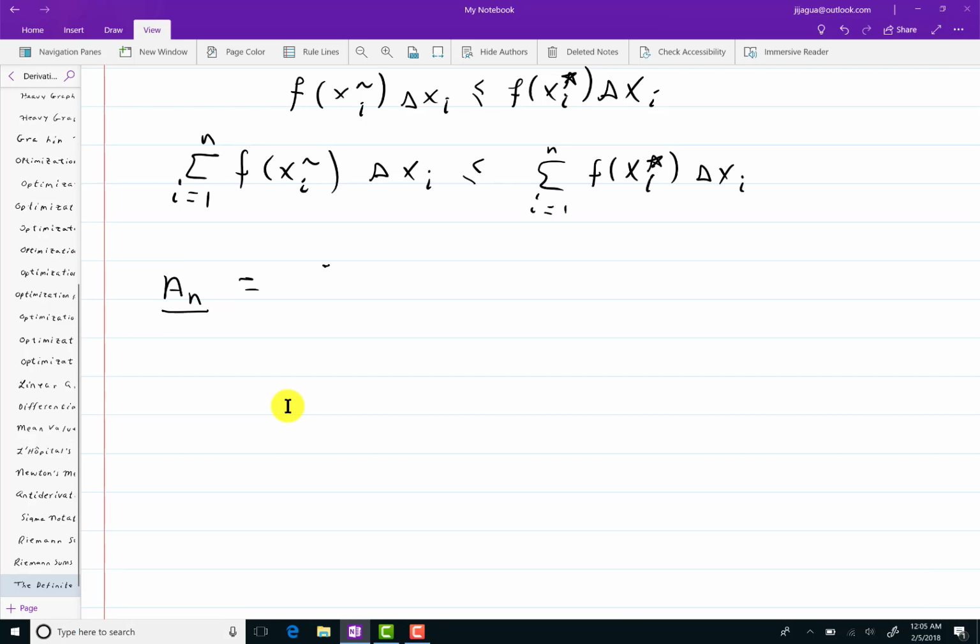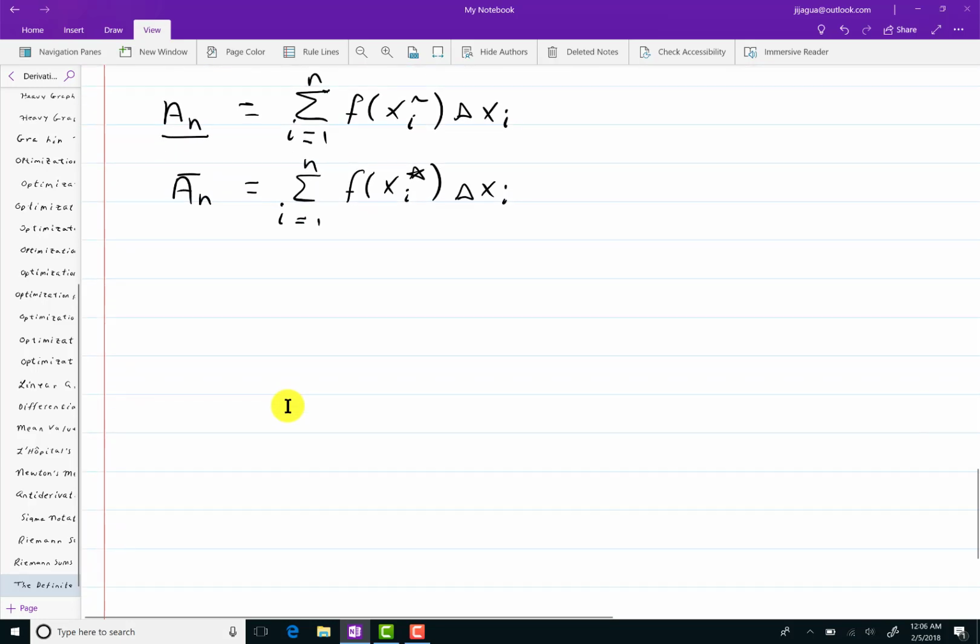That's going to be the sum from i equals 1 to n of f of x sub i squiggle delta x sub i. And A sub n with a bar over it, I'm going to let equal the sum from i equals 1 to n of f of x sub i star times delta x sub i.